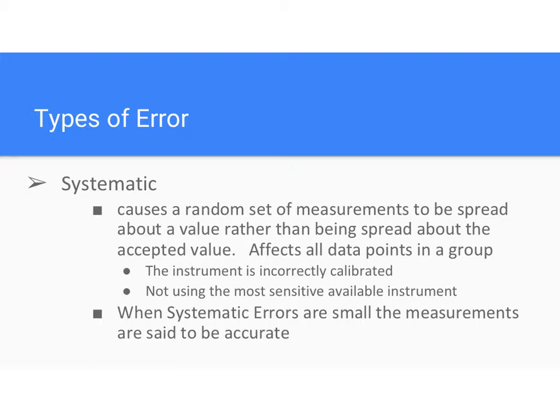It might be all very, very close, but it's all going to be offset from the actual value by 0.3 grams. When we have small systematic errors, these are measurements that are said to be accurate. So our biggest difference between the two: random errors only affect one or two data points. Systematic errors affect the entire set of data.